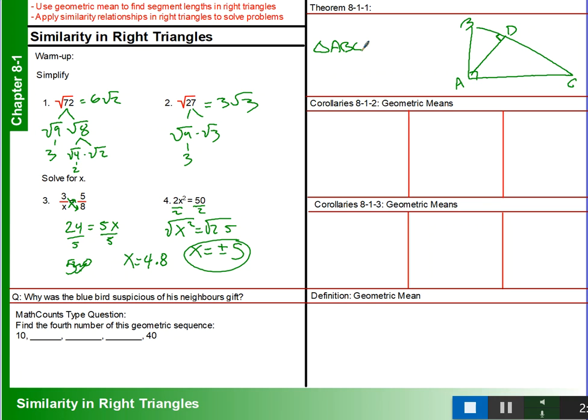Now, the interesting thing with right triangles and the altitude of a right triangle is that we will end up making 3 similar triangles. So triangle ABC is similar to triangle ABD, which is similar to triangle, oh, I hope I got the order right. No, I did not.